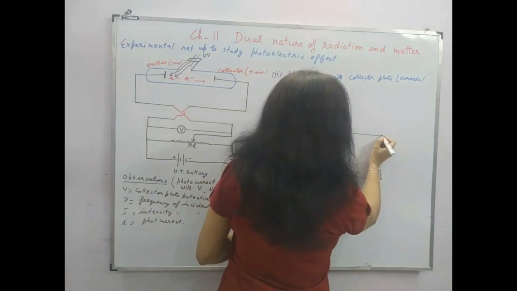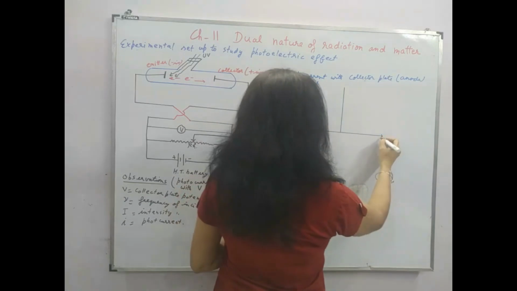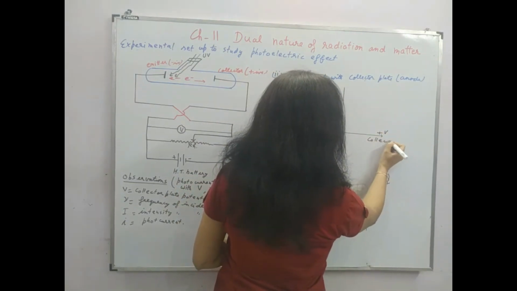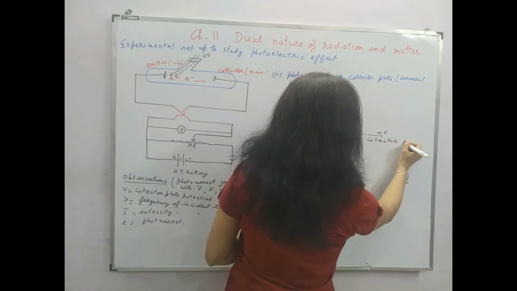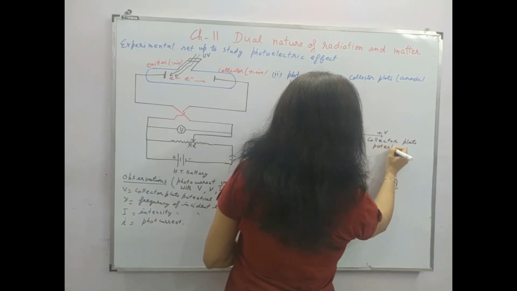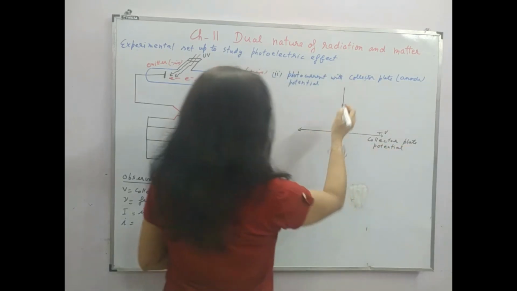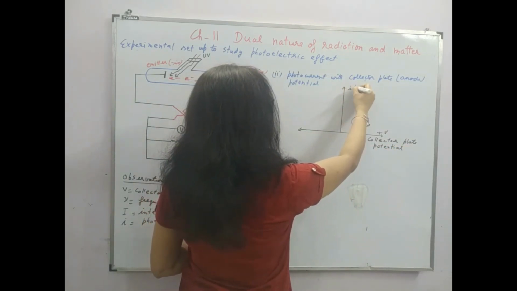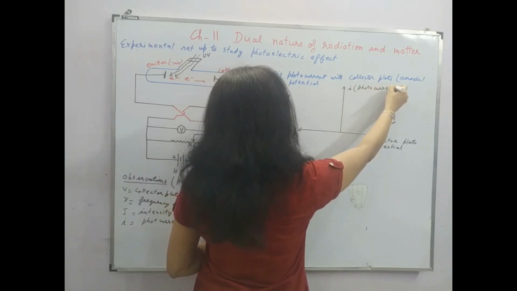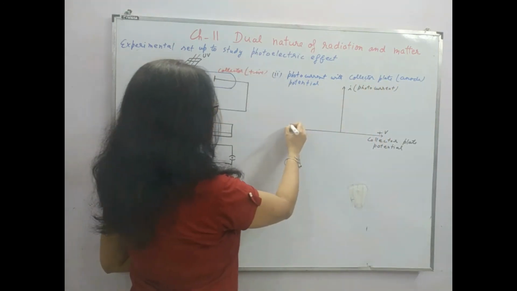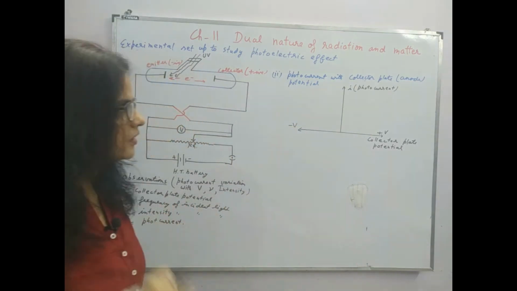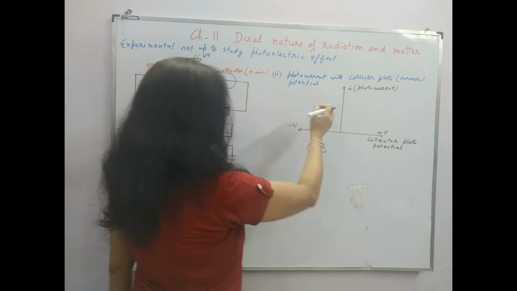So this is the collector plate potential, which is positive on the right side. And this is the photocurrent. And here the polarity is reversed, so this is also collector plate potential in the opposite direction.